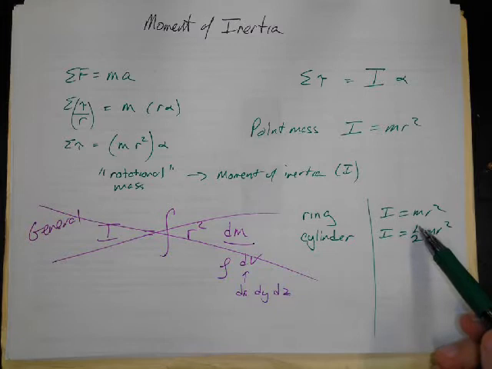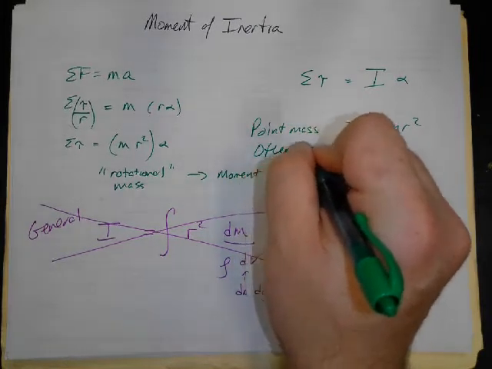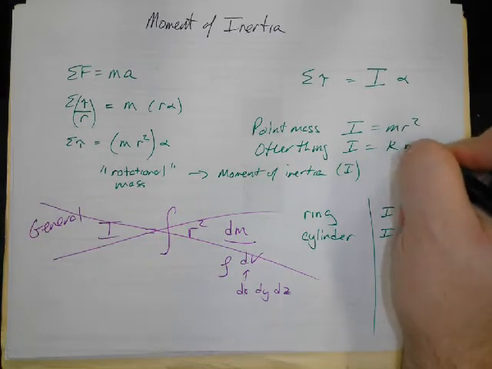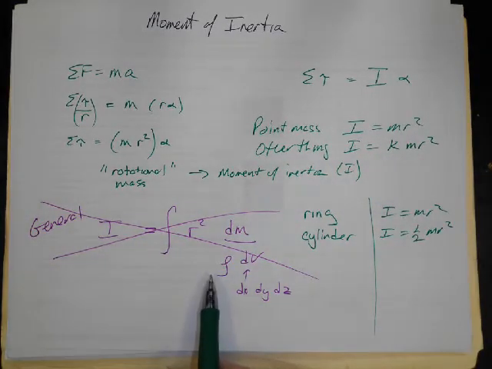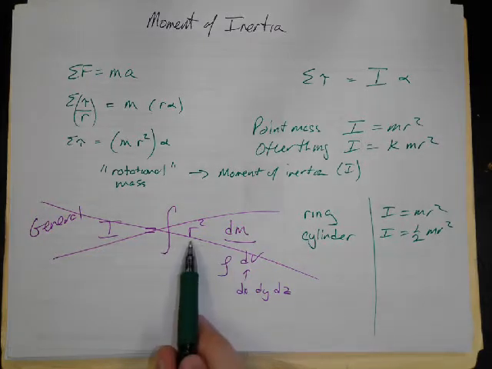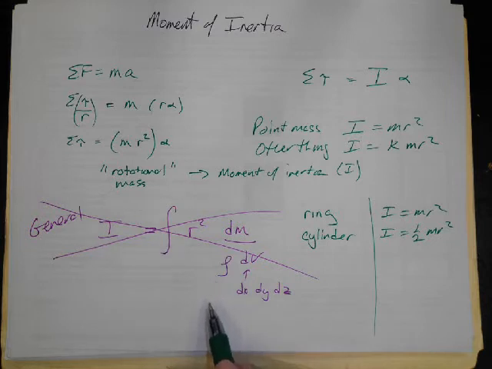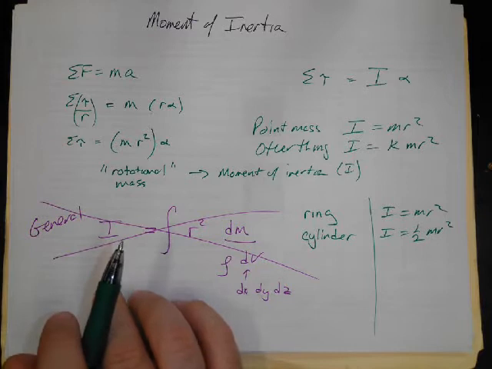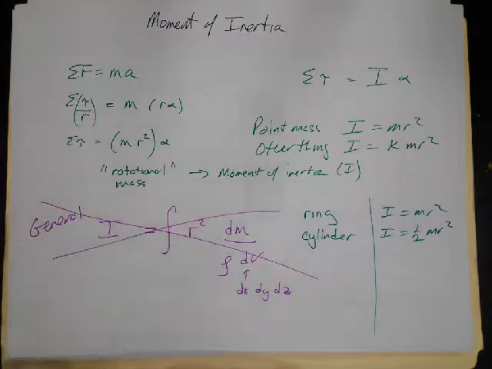But the gist is that for any other thing, I is some constant times mr squared. This constant comes from the integral. You're always going to get r squared times the mass, but there's some other constant that tells you the shape of the material. So let me pause the video and come back with those diagrams.